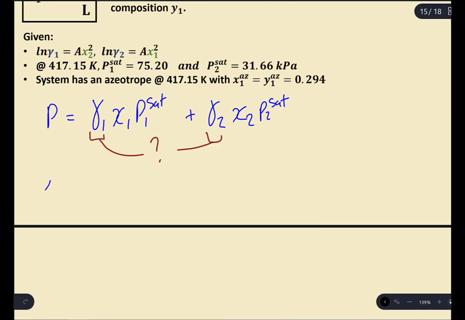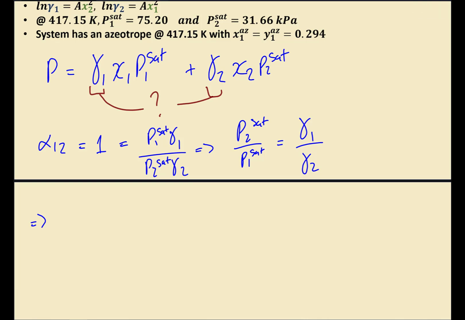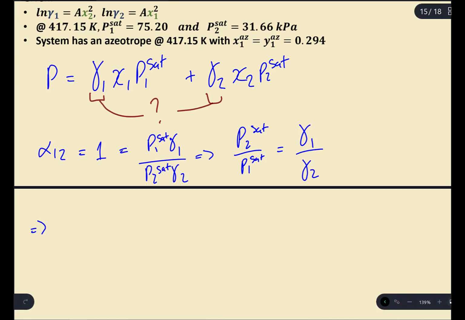So alpha 1,2 equals 1 at the azeotrope, which equals P1 sat gamma 1 over P2 sat gamma 2. Then P2 sat over P1 sat gives us gamma 1 over gamma 2. At the azeotrope, we know what the pressures are because these are the data points that are given, P1 sat and P2 sat at that temperature.